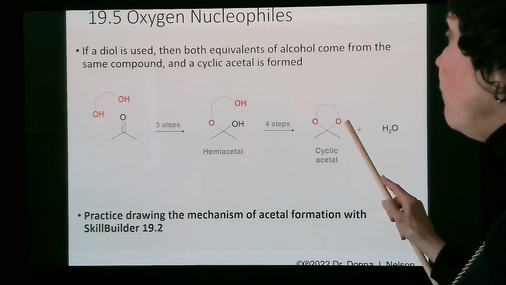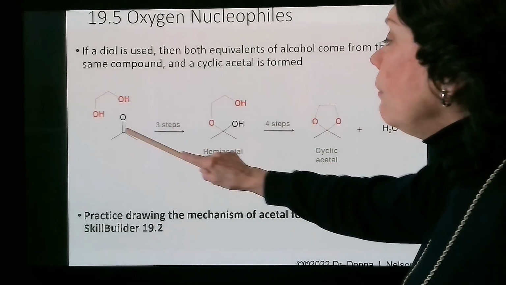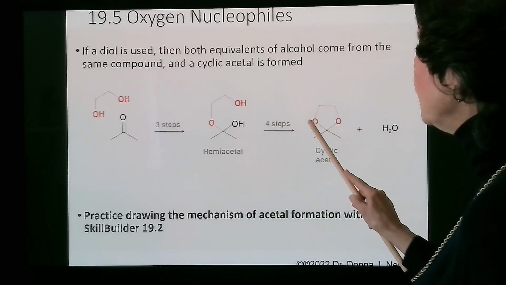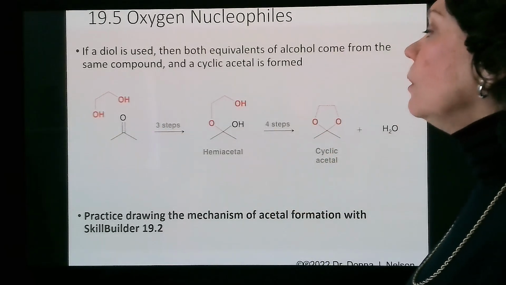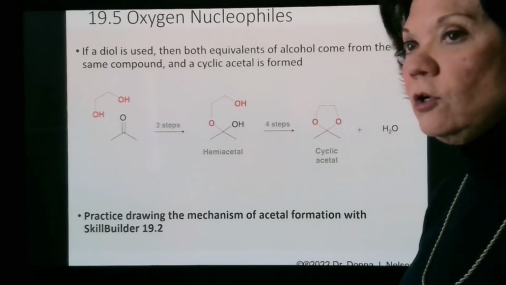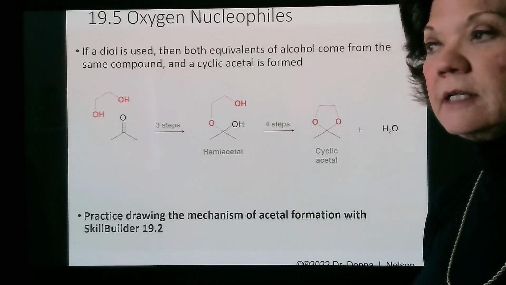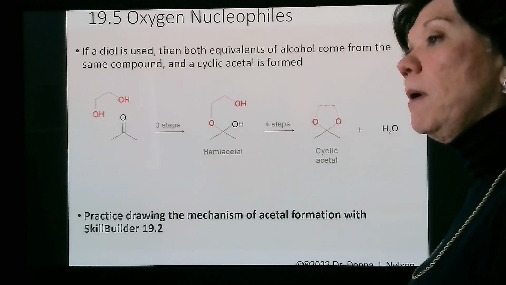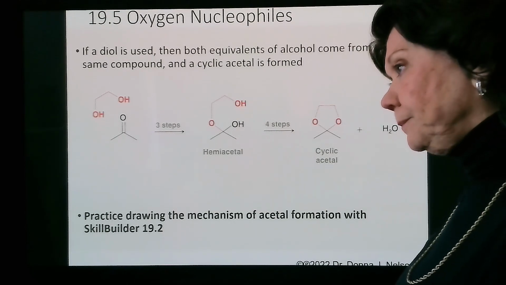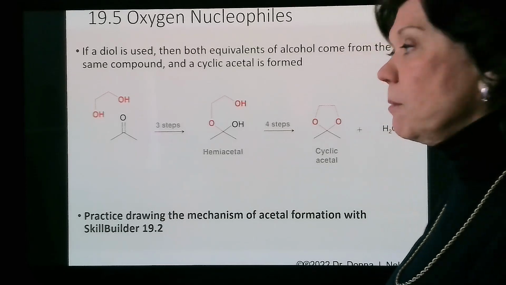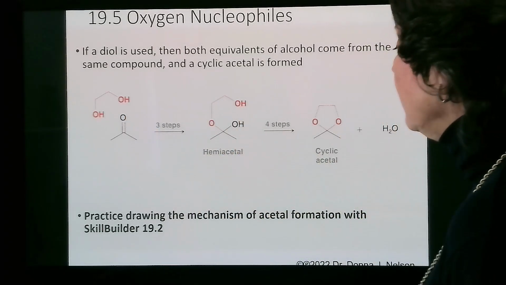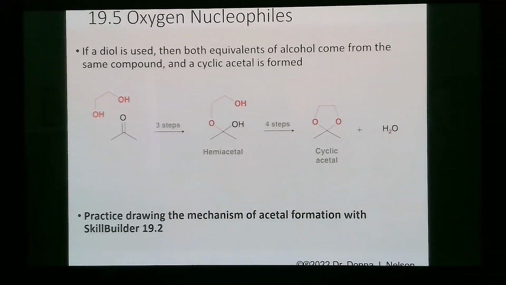And so this can be formed as a protecting group for the carbonyl, because this will not undergo all of the same reactions that a carbonyl will undergo. And so if you're wanting to keep the carbonyl while you do some other reactions at a remote part of the molecule, you can protect the carbonyl by using this cyclic acetal.